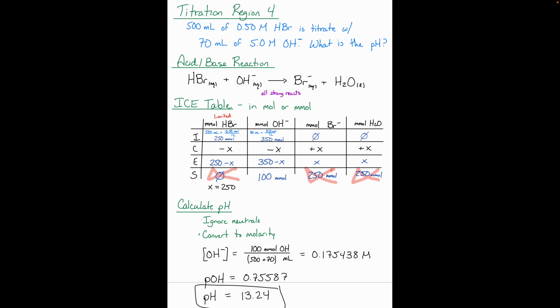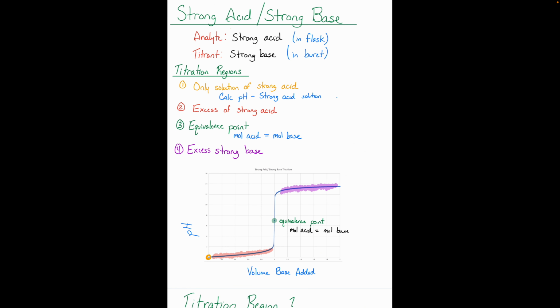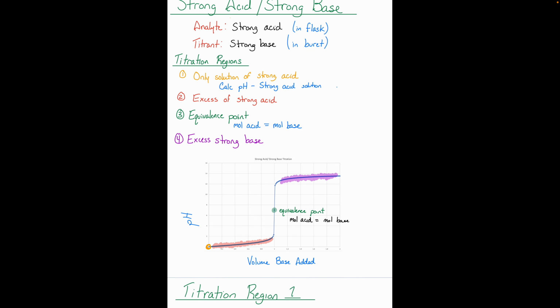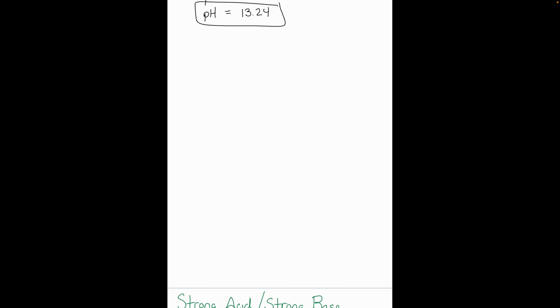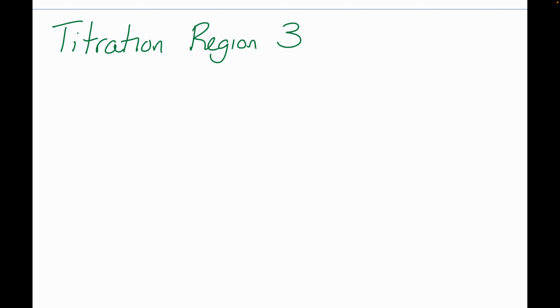All right, so we skipped over one here, our equivalence point of our titration, right? When moles of acid equal moles of base. All right, so this is our titration region 3, our equivalence point.